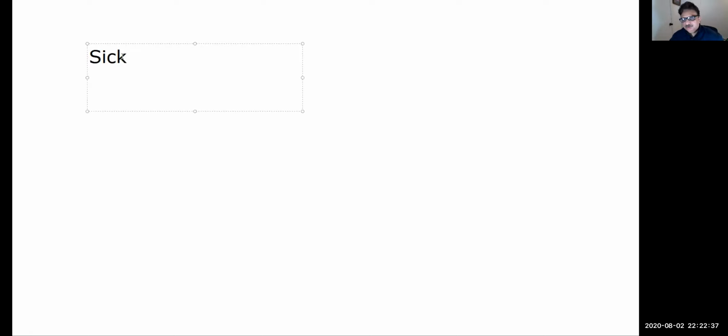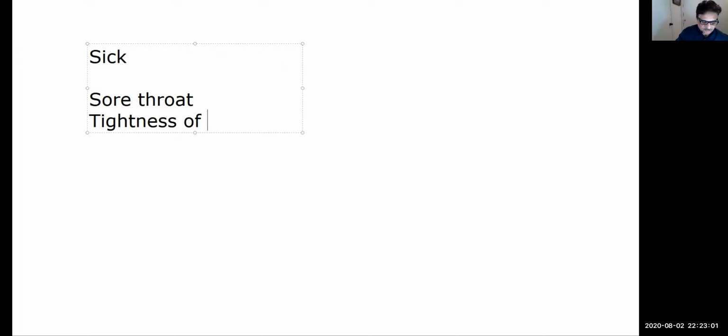Now this sickness could be, let's say, if you are getting sick in this climate, in this situation of this pandemic, and let's say you have a sore throat, tightness of chest and fever, then with these three symptoms, we will suspect ourselves to be having COVID-19, right?